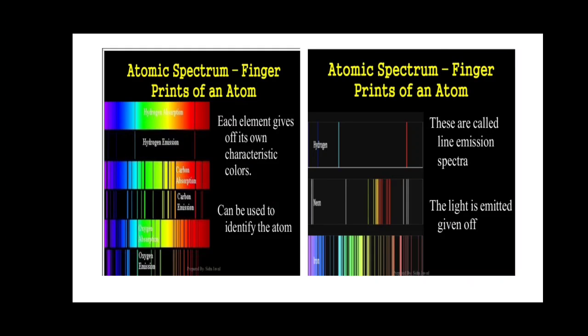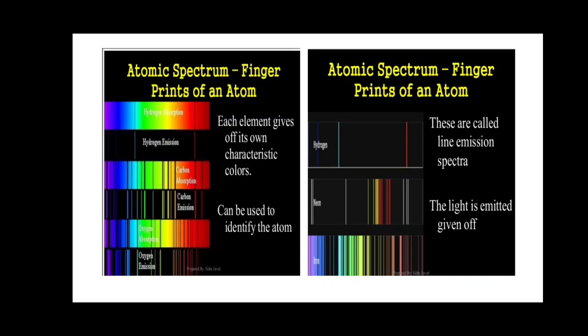Atomic spectrum, the fingerprint of an atom. See here, each element gives off its own characteristic color. Here is hydrogen emission, hydrogen absorption, carbon absorption, carbon emission, oxygen absorption, oxygen emission.